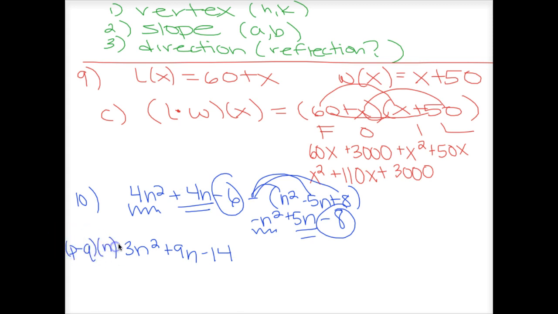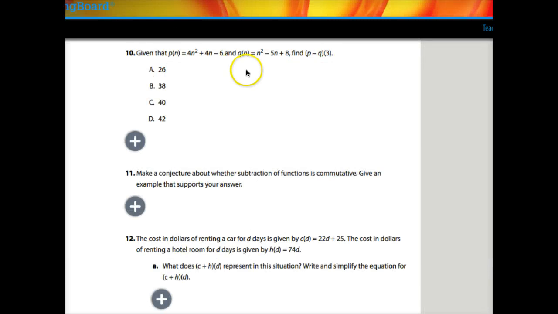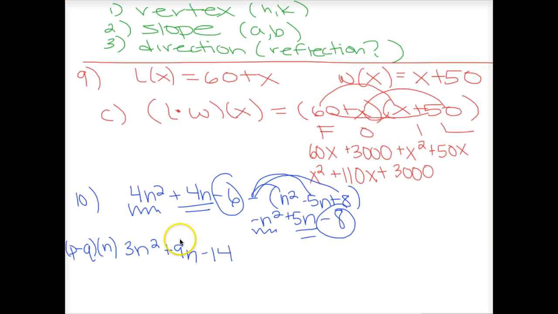Now, that's not what the question asked for. Finally, you have to pay attention. It says find P minus Q of 3. So that just means plug 3 into this guy here. So when I go back and I put 3 in, so 3 squared times the 3 plus 9 times 3 minus 14.